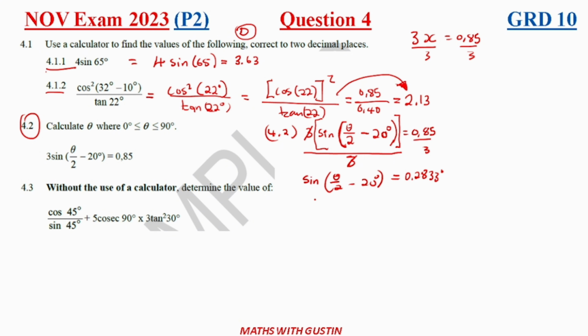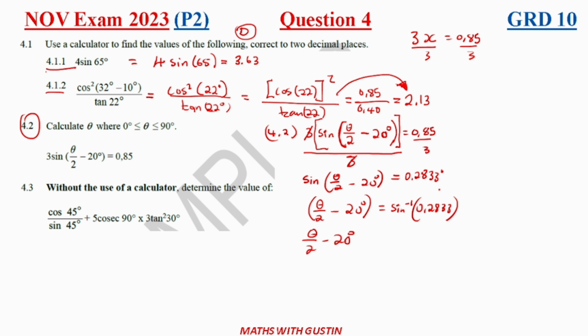So we take sine to that side, which is the second function. So we're going to have theta over 2 minus 20 degrees equal to sine second function of 0.2833. Now we're going to put this into our calculator and find out how much it gives us.